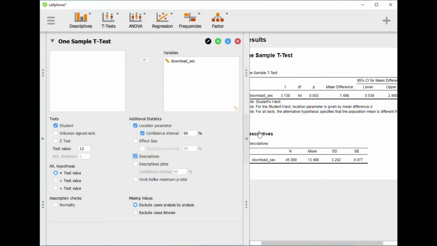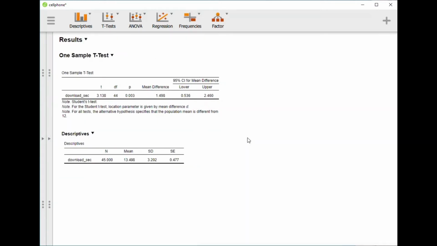That's going to give us our n, our mean, our standard deviation, and our standard error, which hopefully by now we're starting to remember is the standard deviation of the SDOM. Okay, so we've clicked everything we need to click in here, so let's go ahead and look at our results.